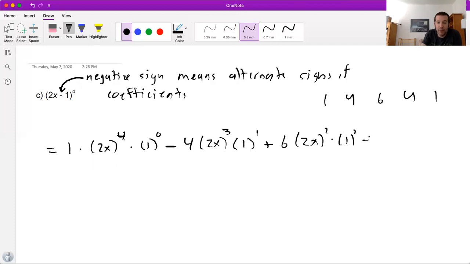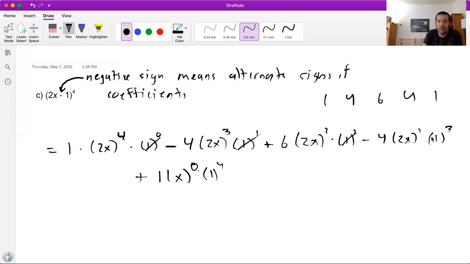Then I subtract, because I'm alternating signs, 4 times 2x to the 1st, times 1 to the 3rd, and the last one is positive, 1 times x to the 0 times 1 to the 4th.